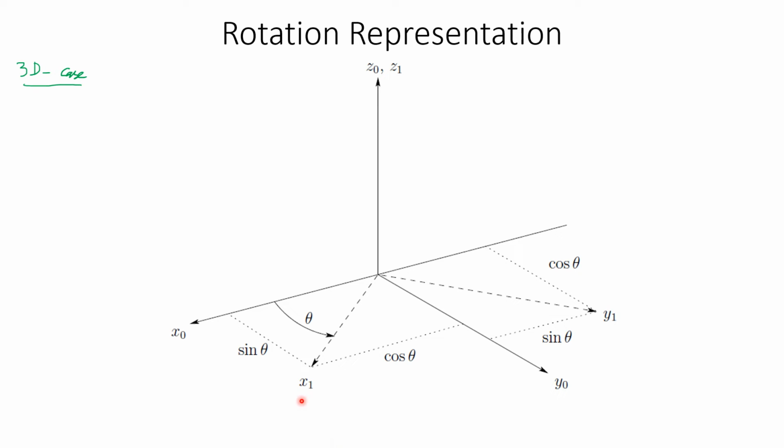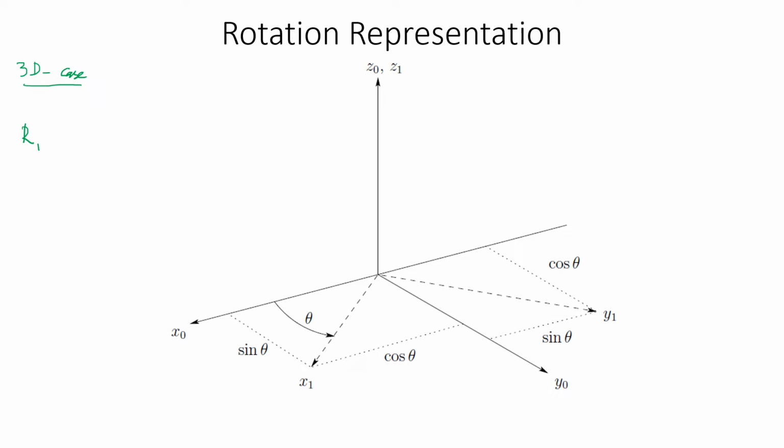Now you have, in this case, the rotated frame x1, y1, and z1. So in this particular scenario, you can obviously see that frame 1 has been rotated about z0 axis.